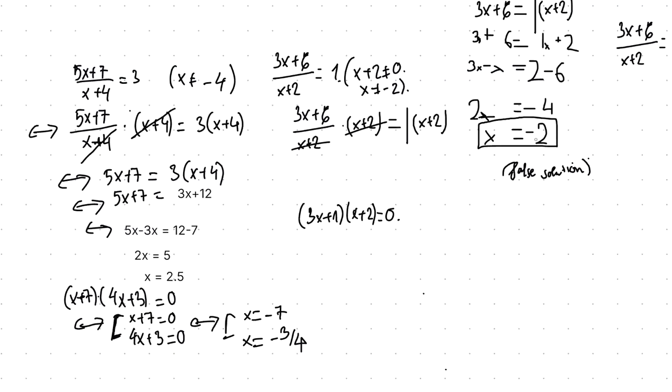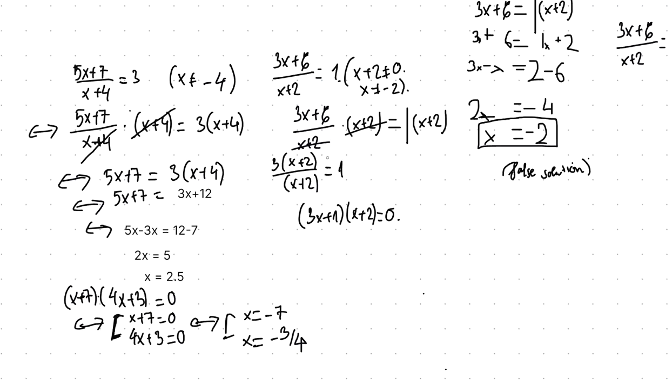Okay. So I have a way that is much faster than your way. You can regroup or factorize the numerator into 3 times parentheses of x plus 2, over x plus 2 equals 1.